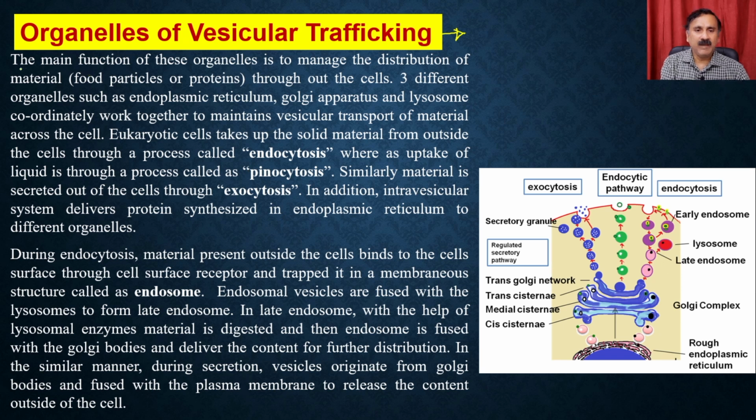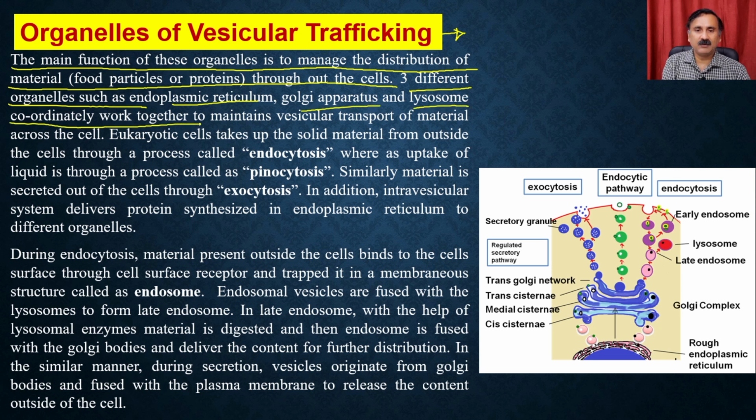Right? So the main function of organelle trafficking is to distribute the material throughout the cell. Three different organelles, the endoplasmic reticulum, Golgi apparatus and the lysosomes, work together coordinately to maintain the vesicular transport of material across the cell.